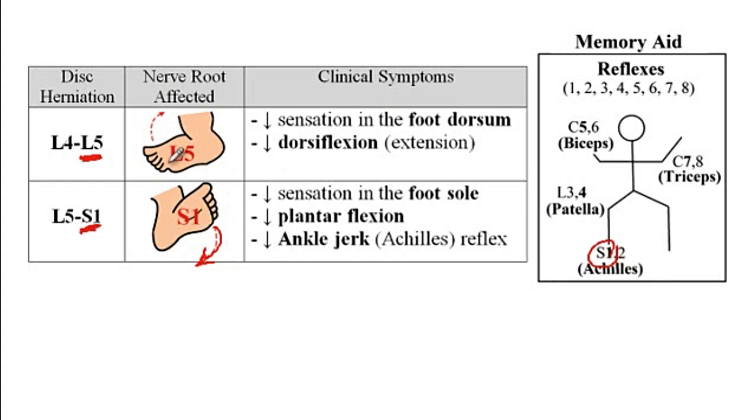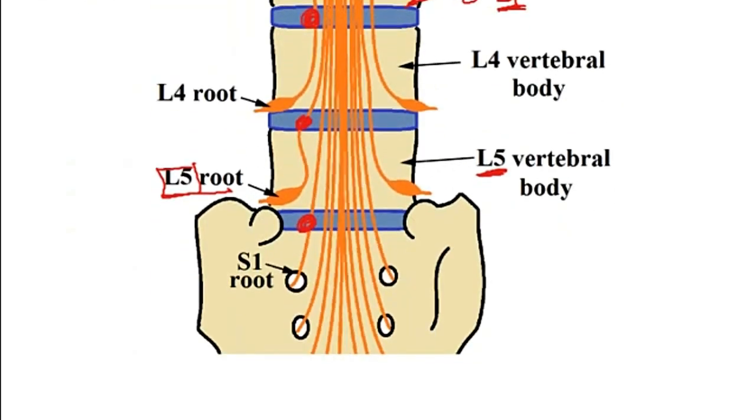So the way I memorize the function of L5 and S1 is that I always remind myself that the L5 nerve root is above the S1 nerve root. So therefore, since L5 is above, it's required for the sensation on the top of the foot, and it's also required for moving the foot upward, meaning that it's required for the dorsiflexion of the foot, while the S1 nerve root is at the bottom, so it's required for the sensation at the sole of the foot as well as for the plantar flexion.